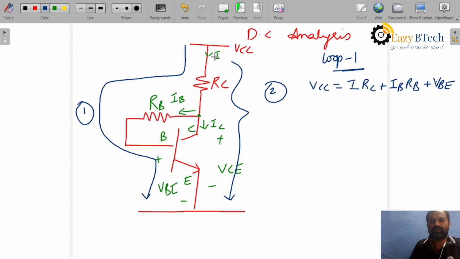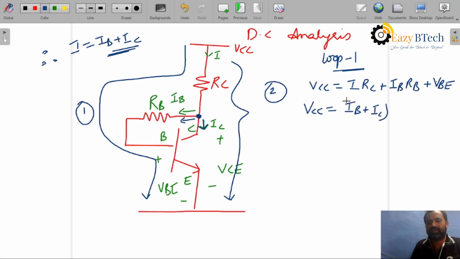We know from the current division that the total current I is equal to IB plus IC. So we will write VCC is equal to IB plus IC, into RC, plus IB RB plus VBE.